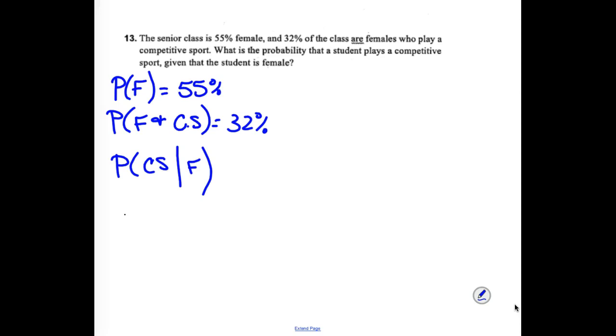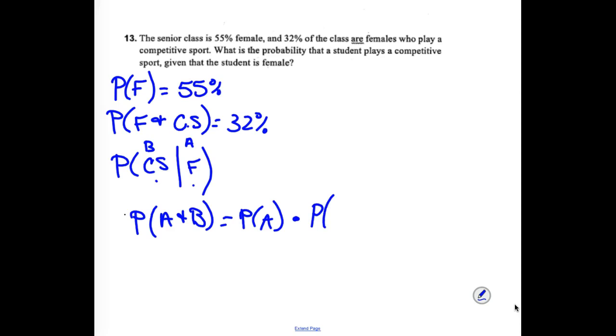So in this situation, what is A and what is B? We want to play a competitive sport given they're female. What has to happen first? We have to know they're female. So this is event A, this is event B, correct? Going based on that formula we had, the probability of A and B is the probability of A times what?